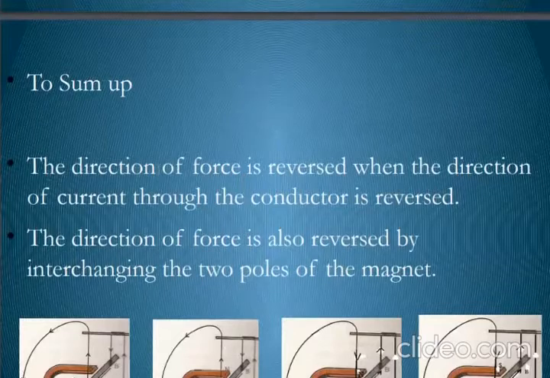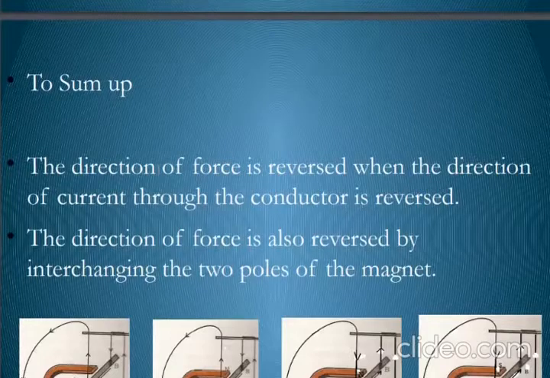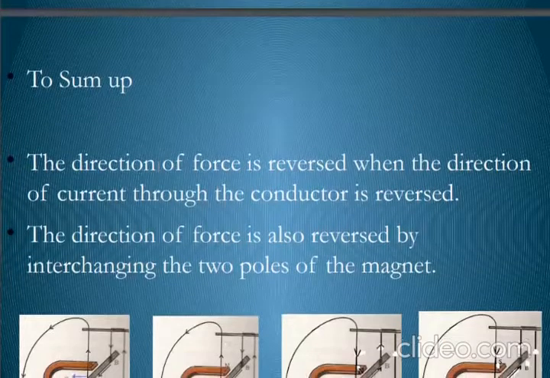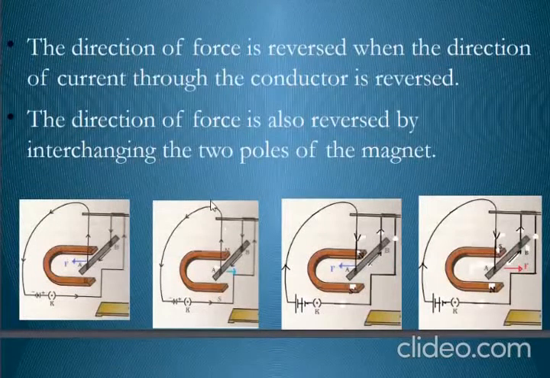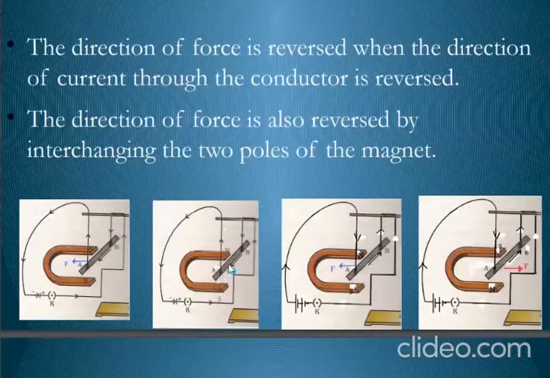Also, the direction of force is reversed by interchanging the two poles of the magnet. If the two pole pieces are interchanged, the force direction also changes. You see here in this case, current flows from B to A, then force is exerted in this direction. Here current flows from B to A, that means the direction of current is the same, but the pole pieces are interchanged, so the force direction gets changed outwards.